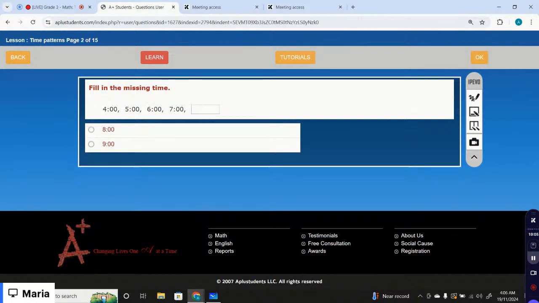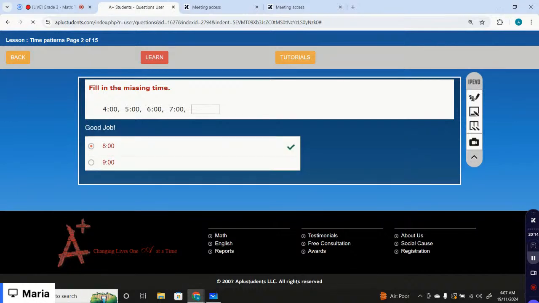Okay, the next one is fill in the missing time. So which is the missing time? Option number 1 is the correct option. 8 it is.